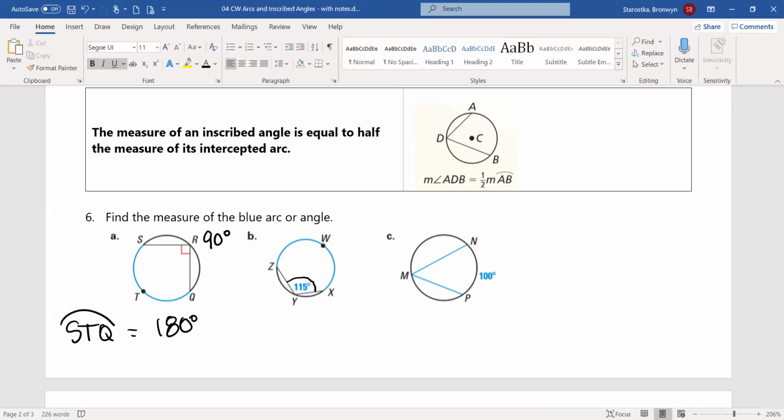That means arc ZWX must be twice that, or 230 degrees. And in problem C, if arc NP equals 100, what do we know about the measure of angle M?